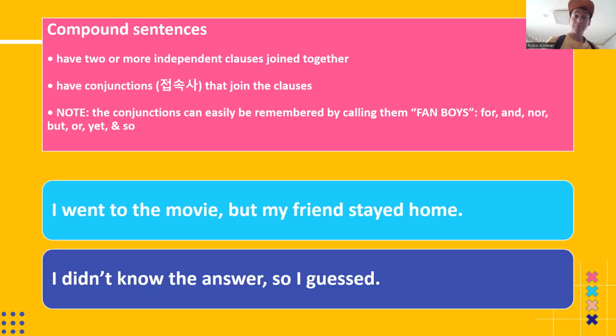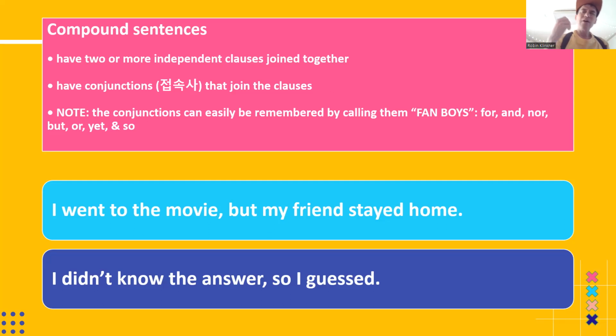Here's another example. I didn't know the answer. That's a complete thought. That's an independent clause. I guessed. That's a complete thought. That's an independent clause. We can combine them using fanboys. So now we have a compound sentence.